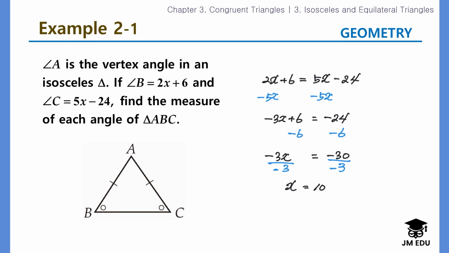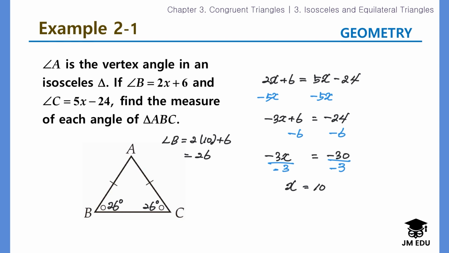So if x is 10, angle B is 2 times 10 plus 6. So that's going to be 26. So this is 26 degrees, right? And angle C is congruent to angle B, so this must also be 26 degrees, right? So angle A, we know that the sum of these three angles in a triangle must be equal to 180, right?